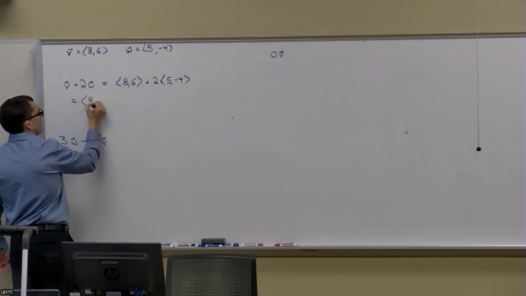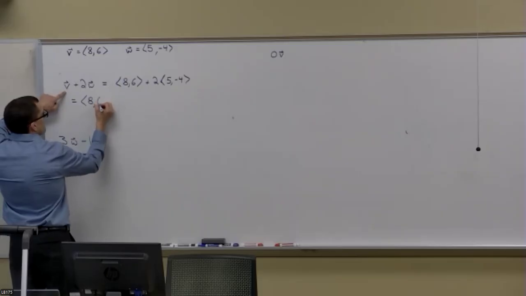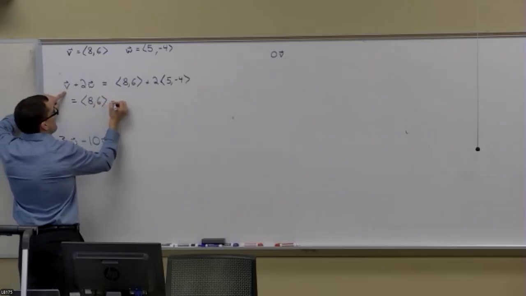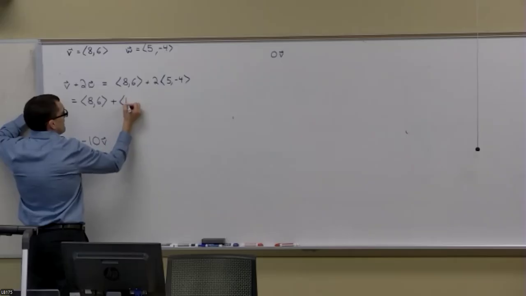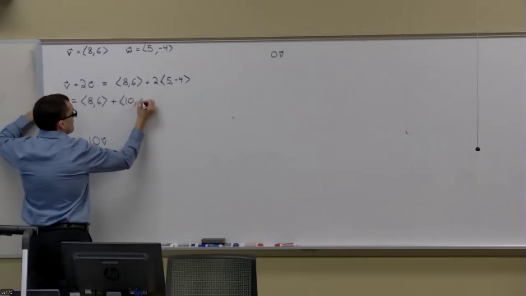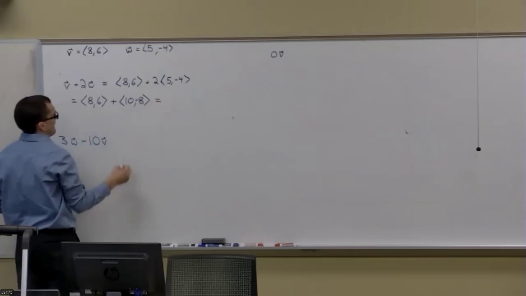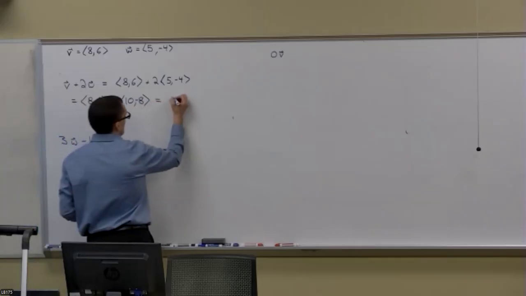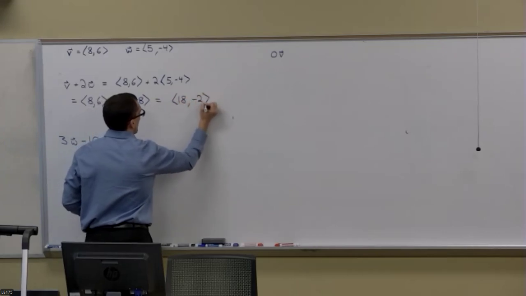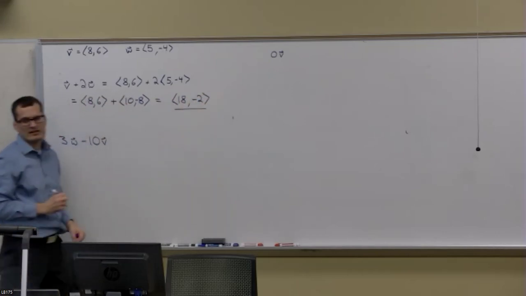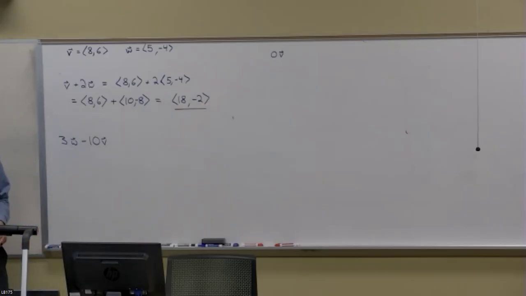Or they'll write, well, that's just 8, 6, and then they'll multiply the 2 in as they put it in, which gives me 10, -8. Combining, I get 18, -2. And that would be my final answer. Okay.